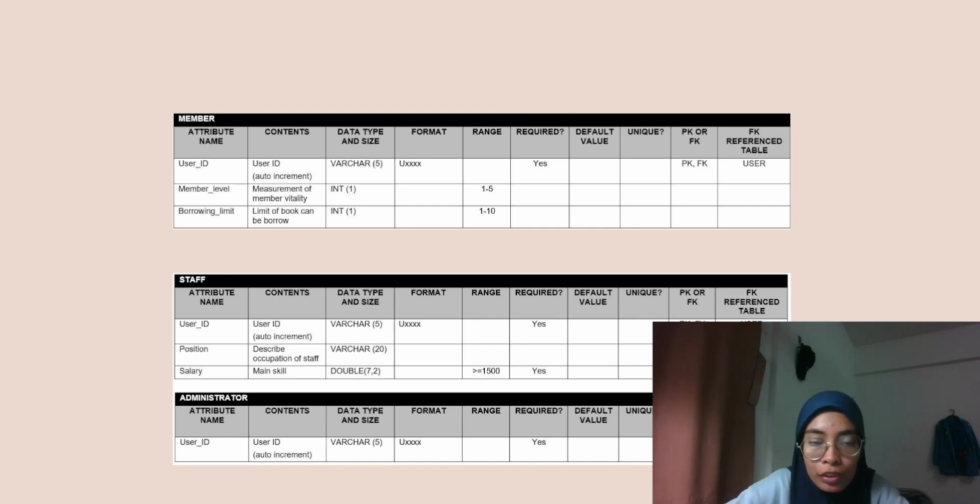Based on the difference between these tables, the member is the user who wants to borrow books from the library, or wants to access digital materials or physical materials. As for the staff, is the staff who works in the library management system. As for the administrator, is the one who manages the system database.